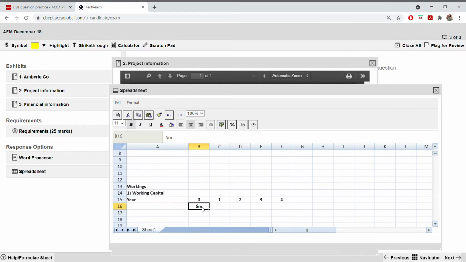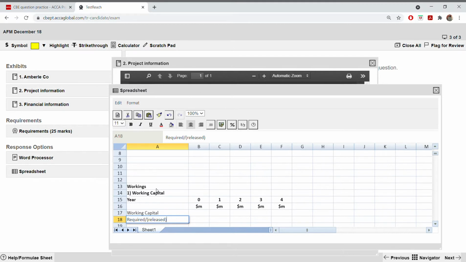Even in the working you have to write it, and when you drag it to the other cells, it will take the same. Next comes your working capital, and required or released. Either you require it, or you are going to release it.